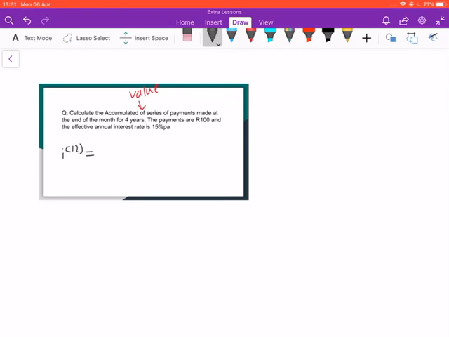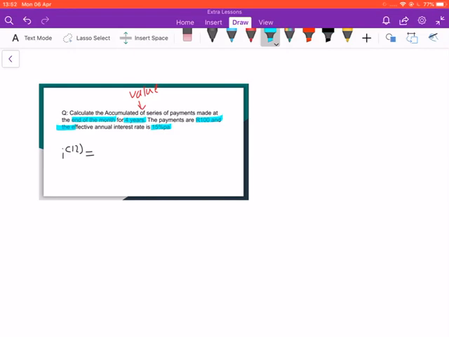So there are certain things that you need to highlight, and that this thing is made at the end of the month. Again, that is made in arrears, and there's 100 rand which is made monthly.